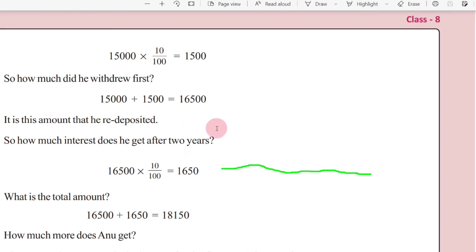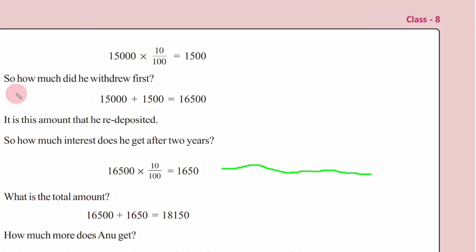Then the bank calculated 10% interest on 16,500 rupees. That means 16,500 into 10 by 100 is equal to 1,650.